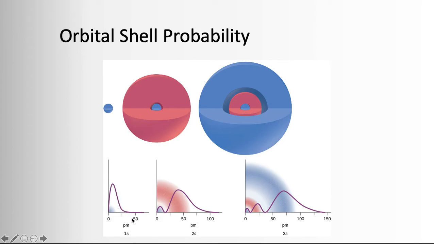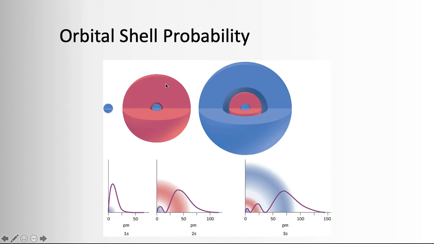And then as I move even further, between 0 and 25 picometers is where I should be able to find that electron. And as I move farther out from the nucleus, it disappears for a while.